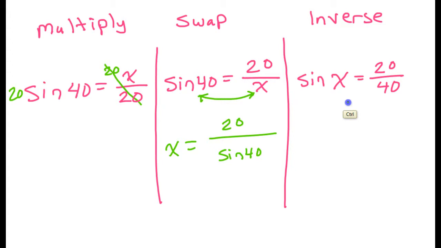Now inverse, so when the variable is inside the trig function, then in that case the variable is equal to the inverse trig function of the number that you have. So in this case x would equal the inverse sine of 20 over 40. And you can put this in your calculator as well.